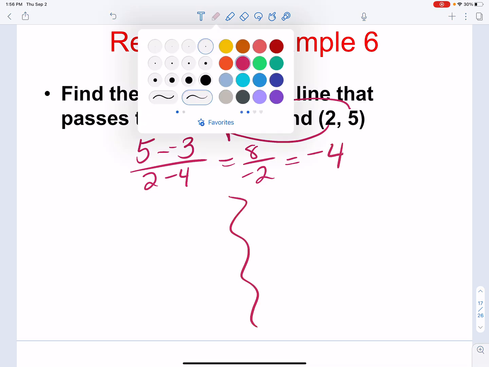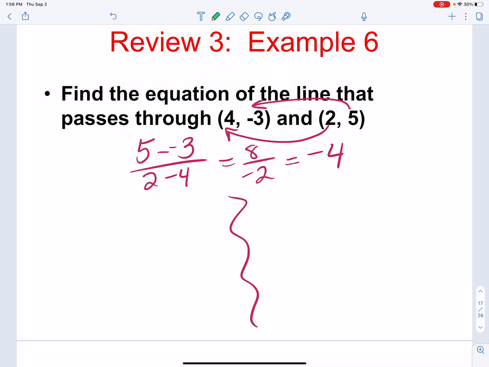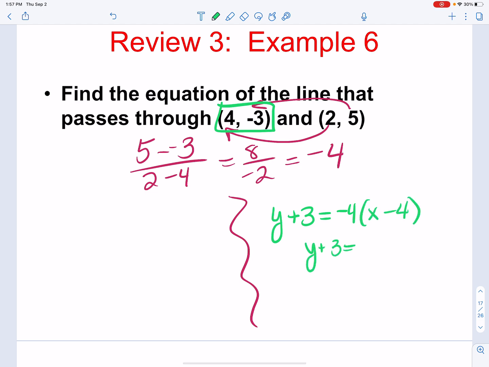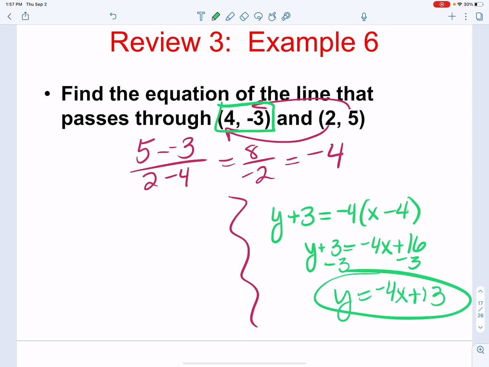Again, it doesn't matter which one you do, so I'm going to choose this one, and I'm going to do y minus the y value equals m times x minus the x value. So y plus 3 equals negative 4x plus 16. So I'm going to minus 3, and I get y equals negative 4x plus 13, right?